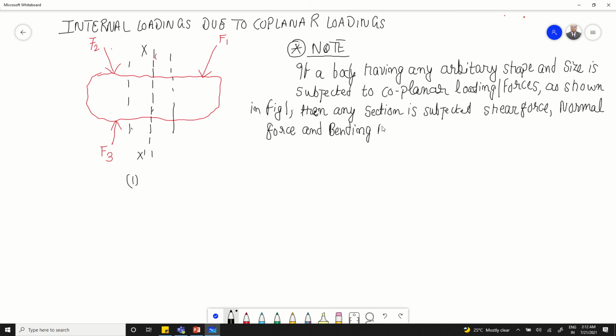Please remember this point. This is only applicable for coplanar loadings. Diagrammatically, if we want to find the internal loadings at section XX dash, it will somewhat look like this.